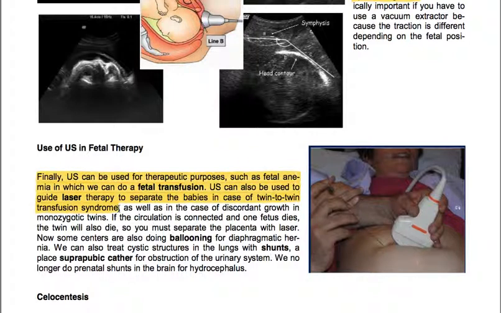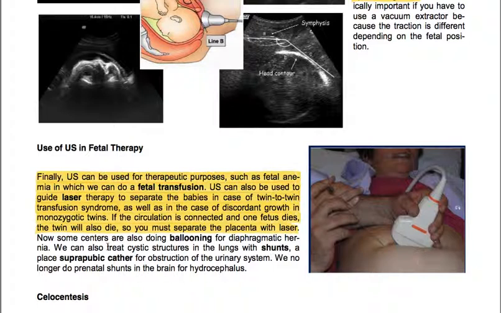If the circulation is connected and one fetus dies, the twin will also die, so you must separate the placenta with laser. Now some centers are also doing ballooning for diaphragmatic hernia.